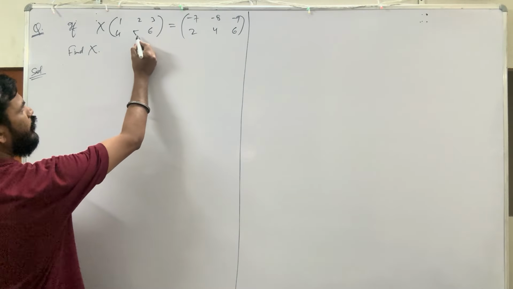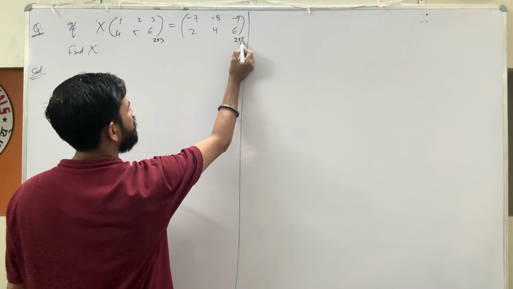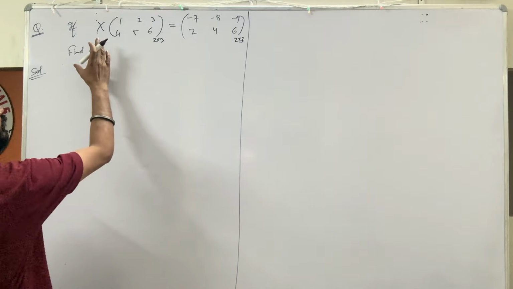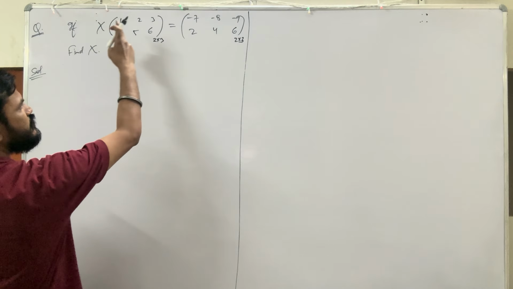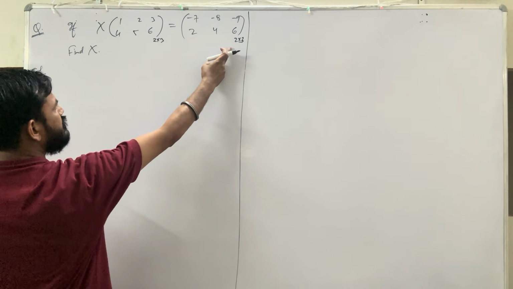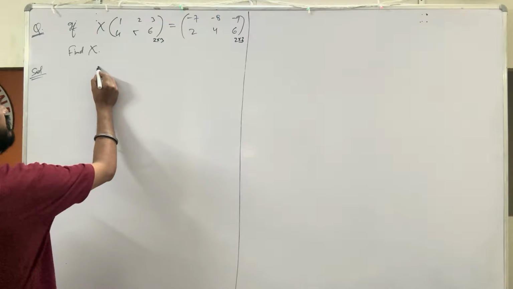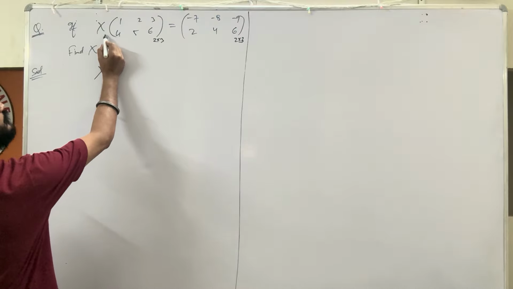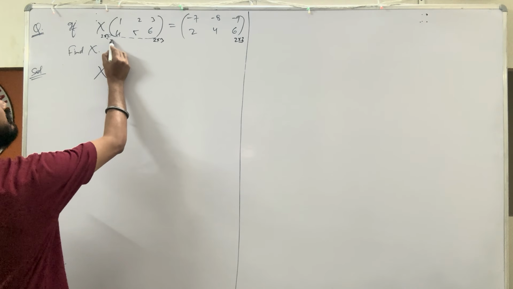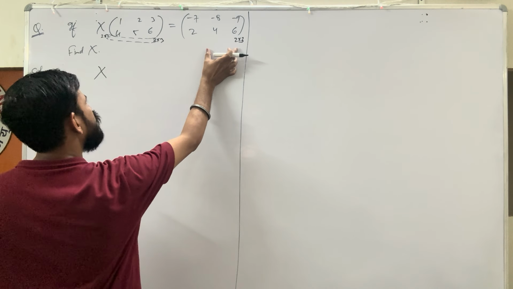You see, the order of this matrix is 2 by 3, and the order of the result is 2 by 3 again. So we need to find the order of matrix X so that the product gives the same order. X should be 2 by 2, because then 2 by 2 will get multiplied with 2 by 3, and the resultant matrix will be 2 by 3.